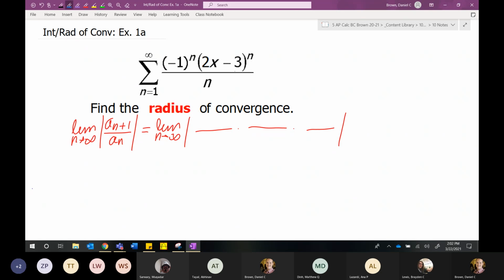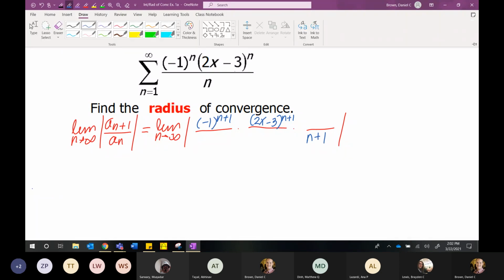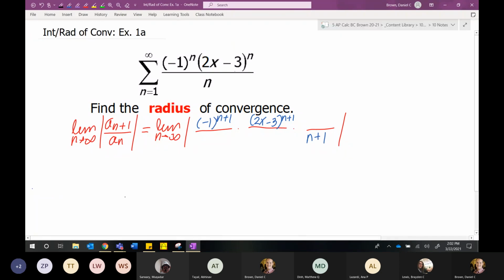I have a sub n plus 1 divided by a sub n, which is the same thing as multiplying by the reciprocal of a sub n. And I'm just going to conveniently line up all the correct factors.